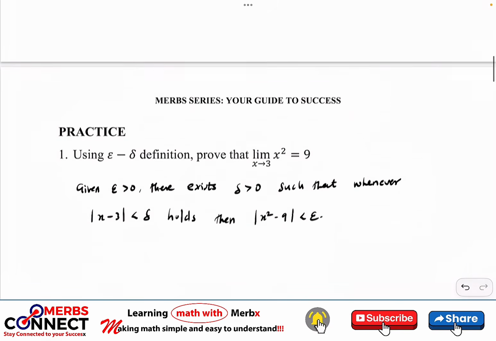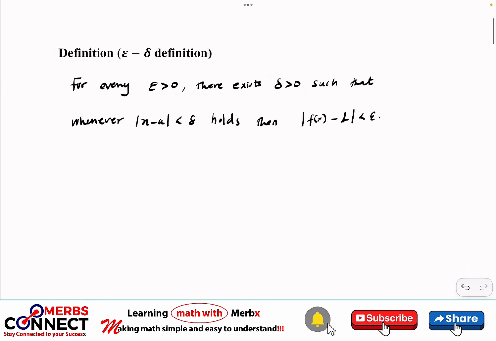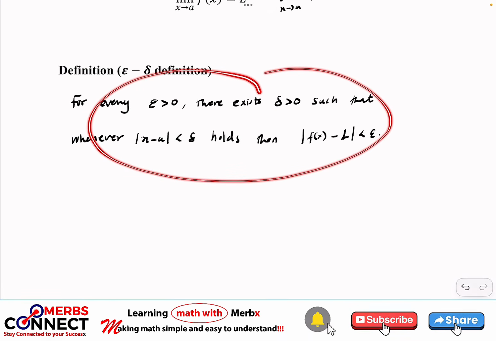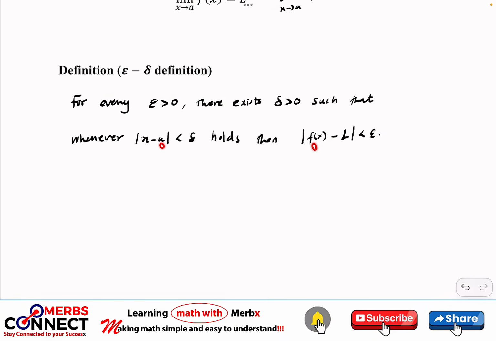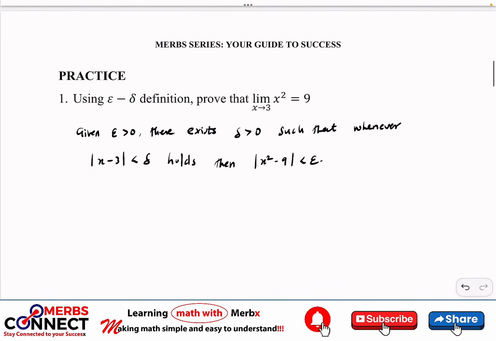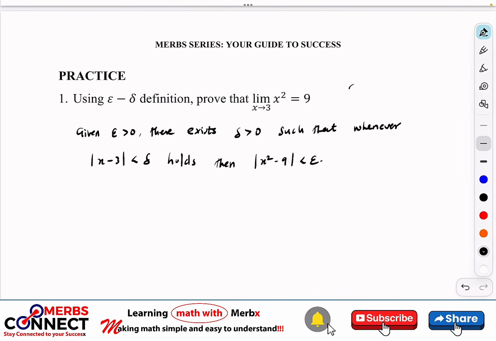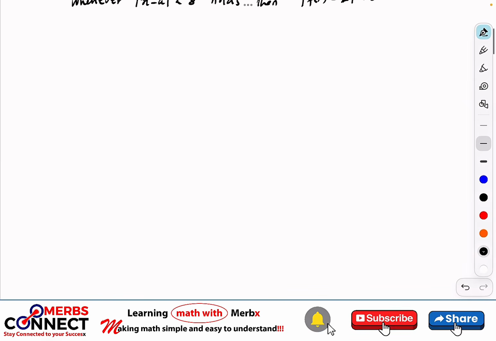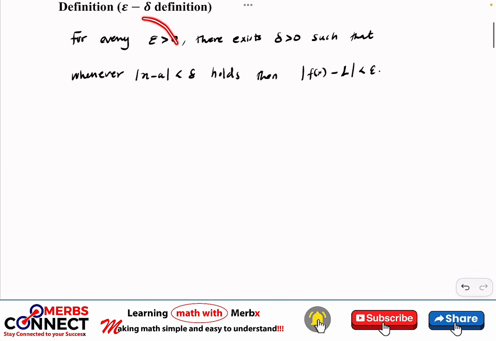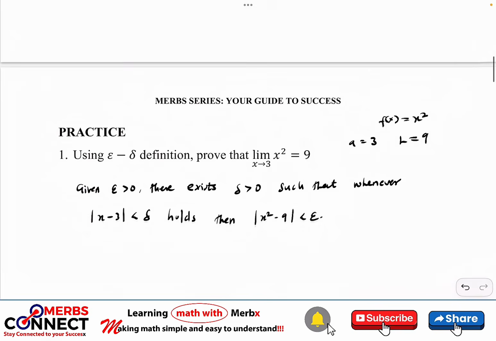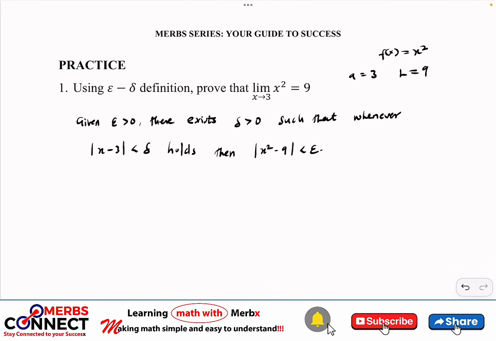So when we compare this to the definition, where we have a, f of x, and L, we can see that here a is equal to 3, f of x is equal to x squared, and L is equal to 9. So it's just like writing the definition and doing substitution. This is what you are going to get.